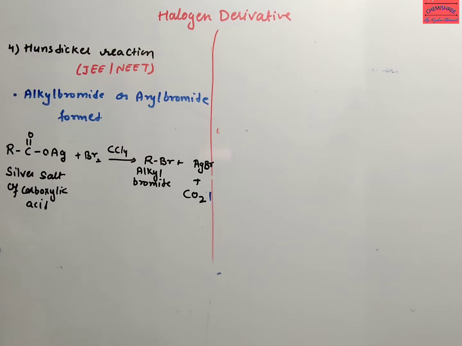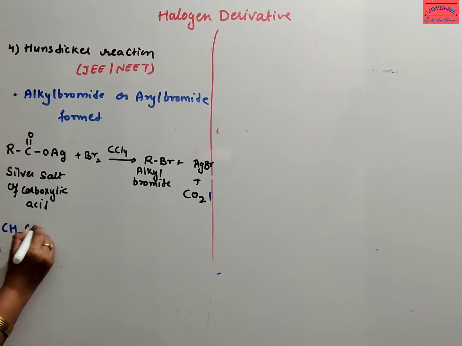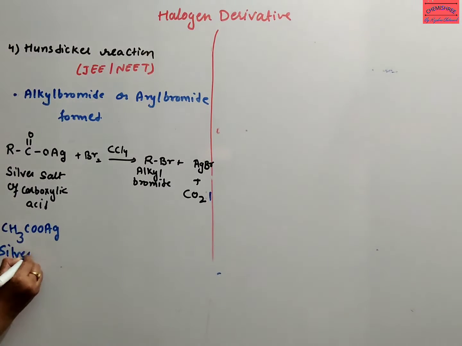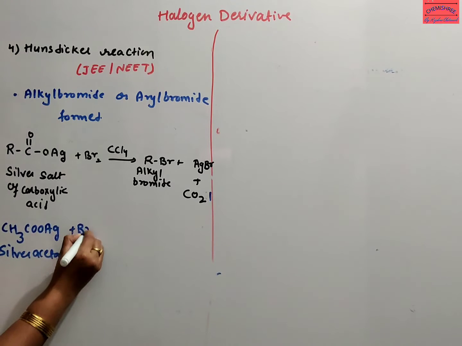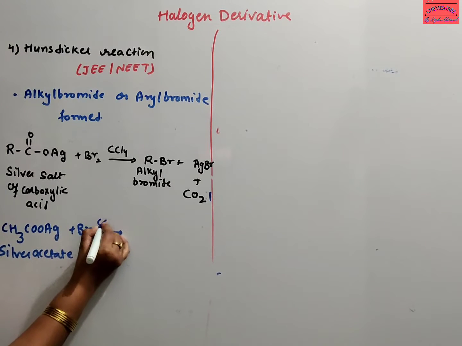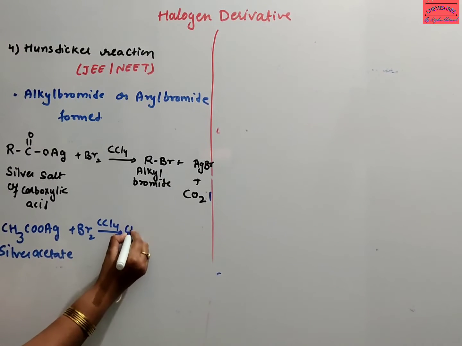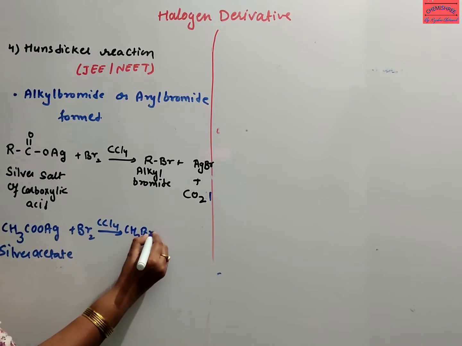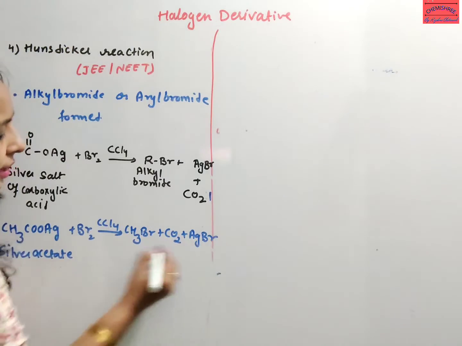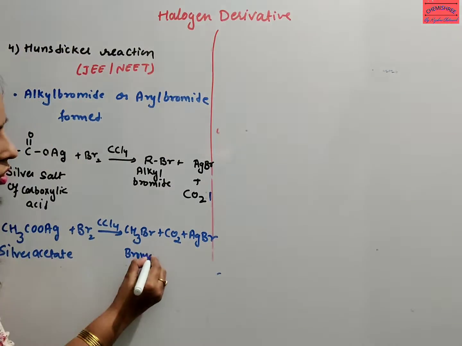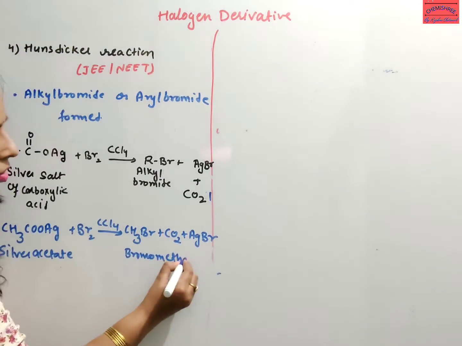Let us take an example. Suppose you have CH3COOAg, silver acetate, plus bromine, CCl4, so it will give you CH3Br plus CO2 plus AgBr, that is bromomethane.